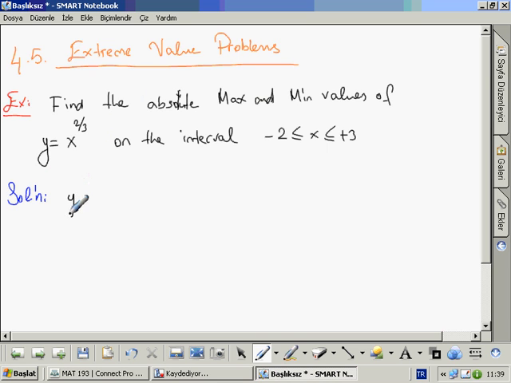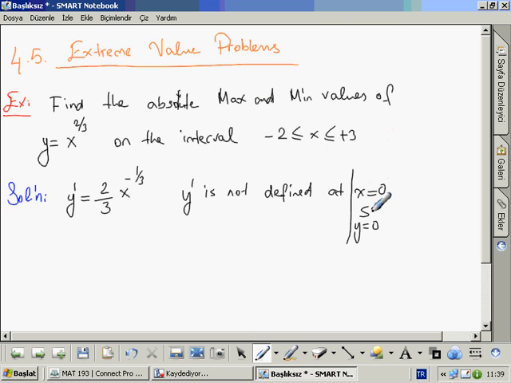Firstly, y prime equals 2 over 3 x to the power of minus 1 over 3, and we know that y prime is not defined at x equals 0, so no critical points. But x equals 0 and y equals 0 are the singular points.